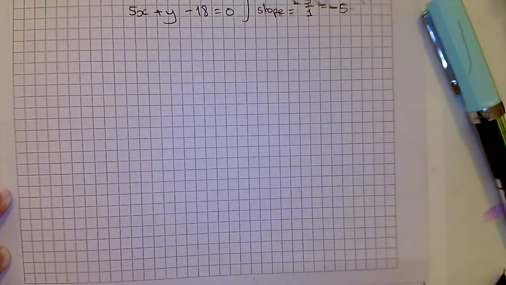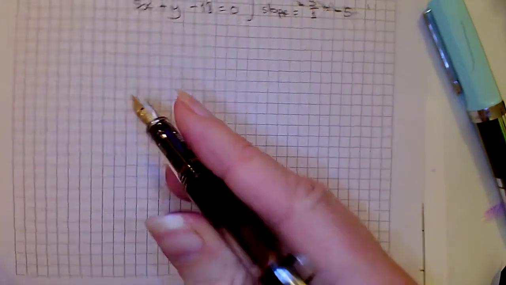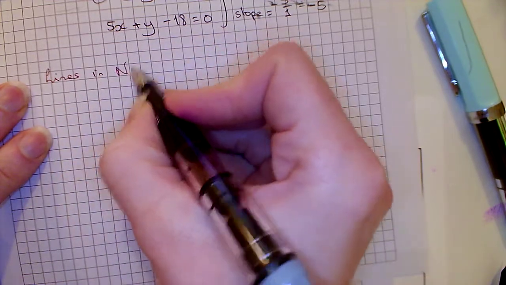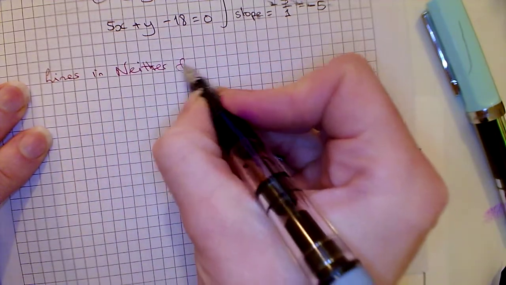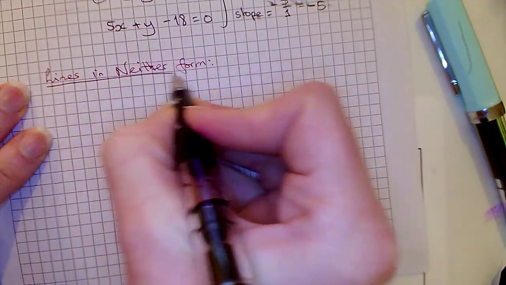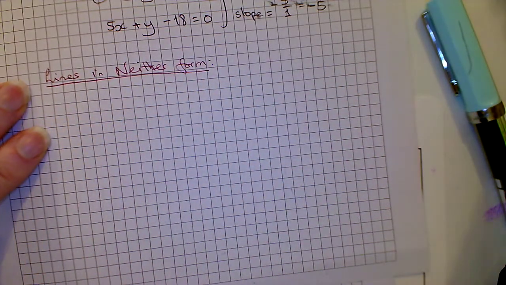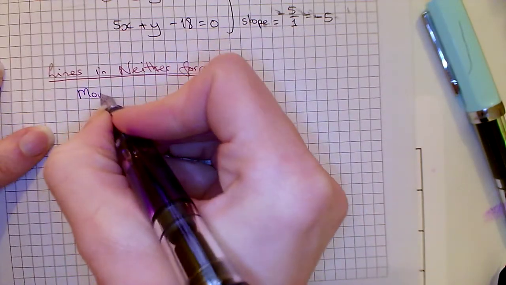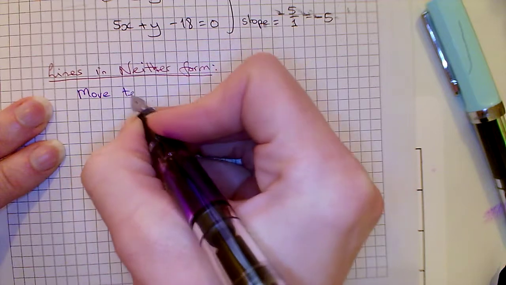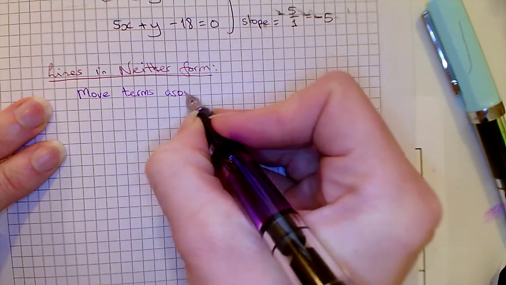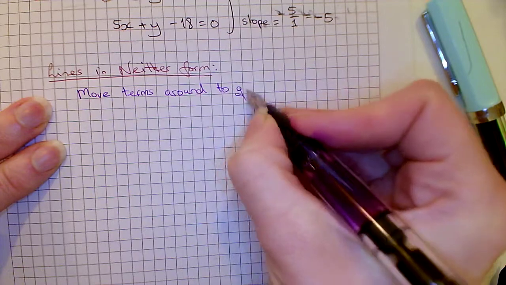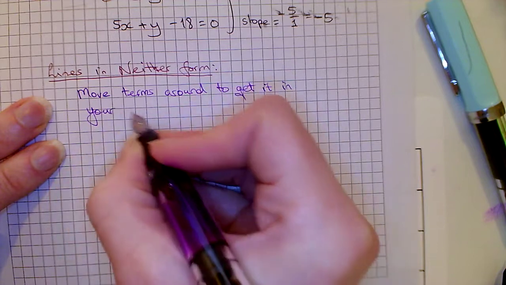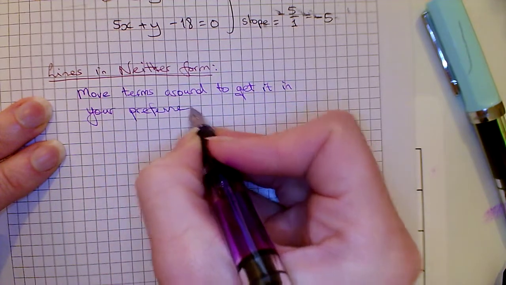Okay, final bit then. What about if it's neither? Lines in neither form. Well, then you need to move terms around to get it in the form you want, in your preferred form.